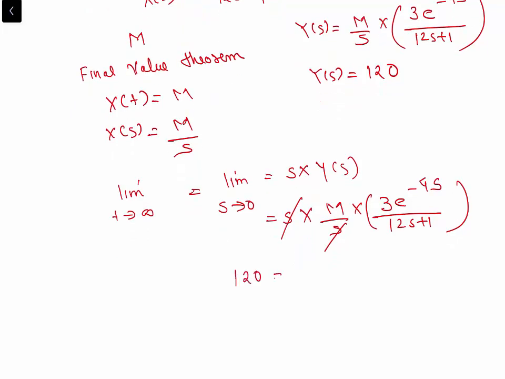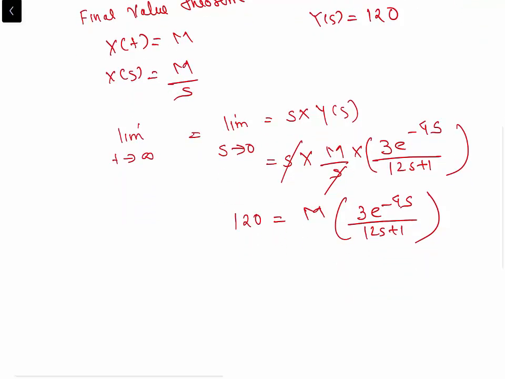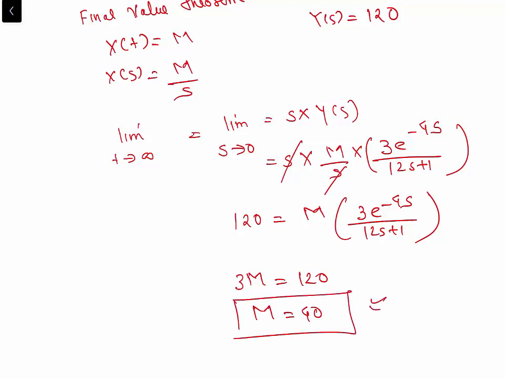So it is 120 equals to m, s is cancelled out, and 3e to the power minus 4s upon 12s plus 1. Okay, so these values are given. So if you solve this, put the value of s equals to 0, it will come 3m equals to 120, m equals to 40. So this is the answer.